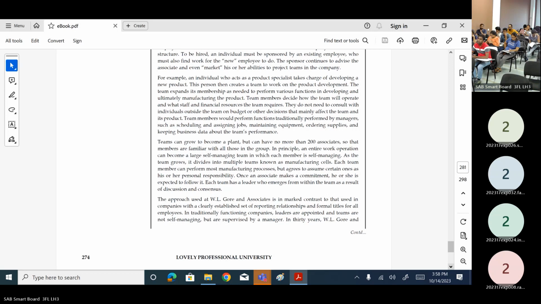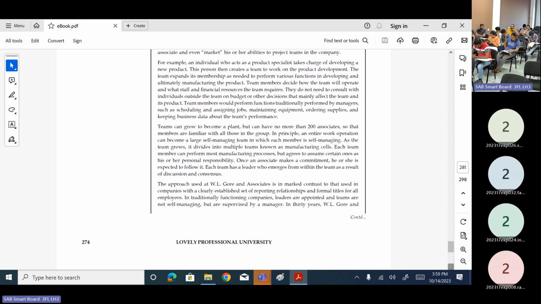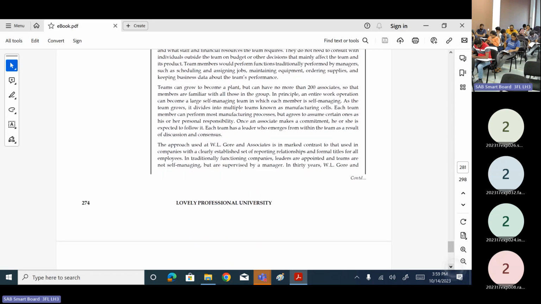In traditionally functioning companies, leaders are appointed and teams are not self-managing but are supervised by a manager. But we propose that those should be transformed towards coaching, consulting, mentoring. Traditional roles should be transforming.